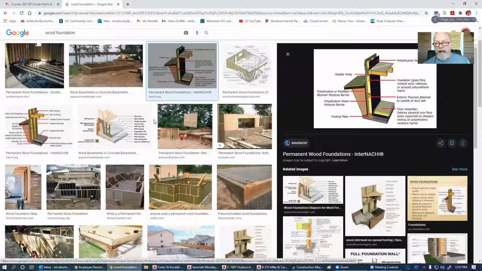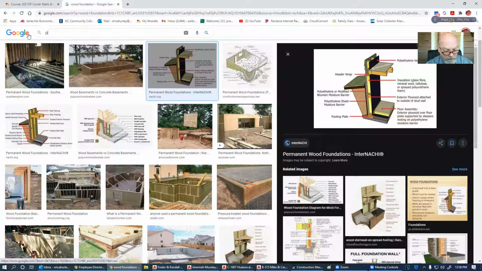I'm not so sure that I would want one in Western North Carolina. I dang sure don't want one in Eastern North Carolina where their termites are about the size of a large rat. But wood foundations can be used, but you're going to end up spending a whole lot of money trying to get these things waterproofed so that maybe they will work properly.